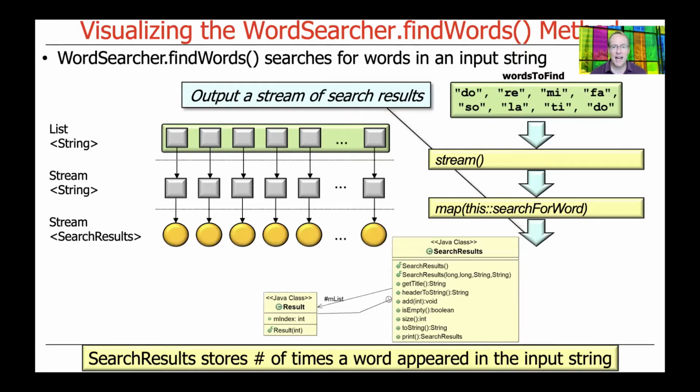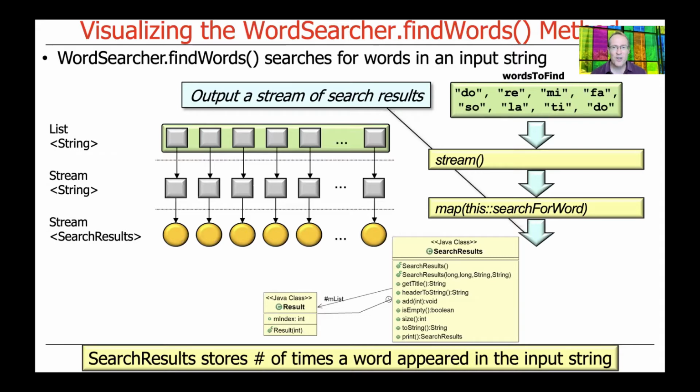What comes back as the output from the mapper function, search for word, is something called a search result object. And a search result is basically a C++ or a Java object that stores the number of times a word appears in a given input string, if at all. It could turn out that there's no matches whatsoever, in which case you'd have an empty search result. But in this case, we're looking for Do, Re, Mi, Fa, Sol, La, Ti, Do in the lyrics to the Do Re Mi song, so of course we're going to get matches.